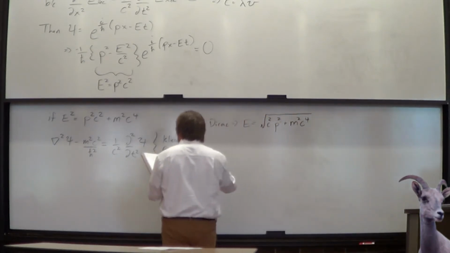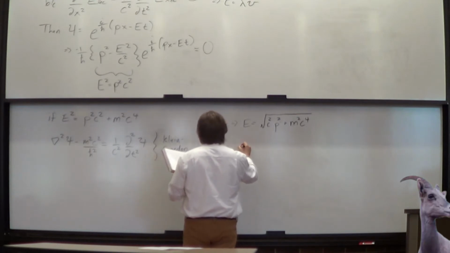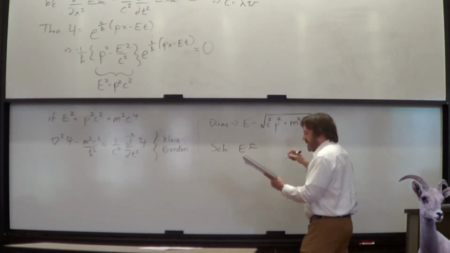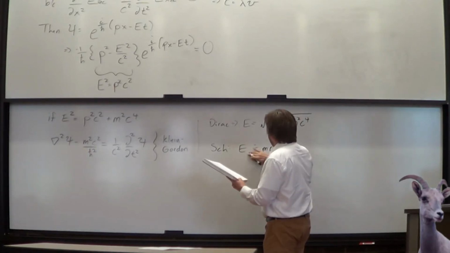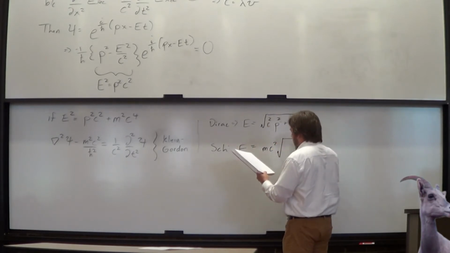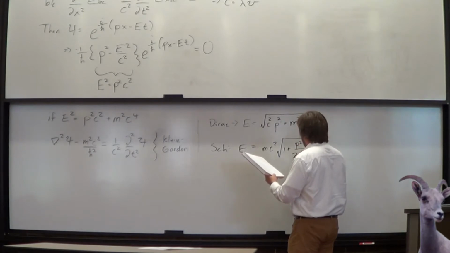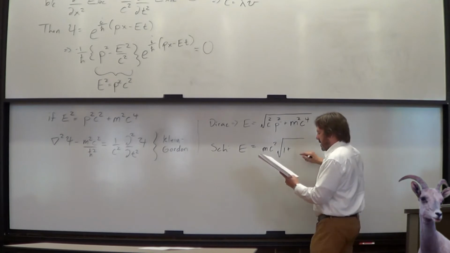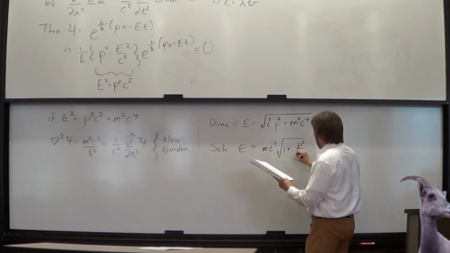Okay, so what Schrodinger did was, instead of this, which is true, he makes an approximation. Sorry, equal. This is equal. He factors out mc squared, and p squared over m squared c squared.